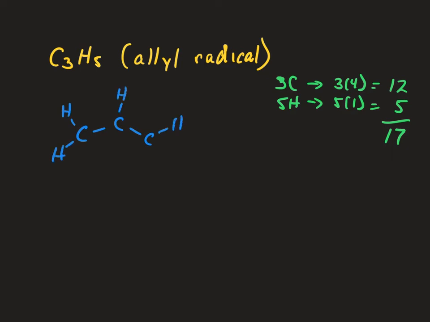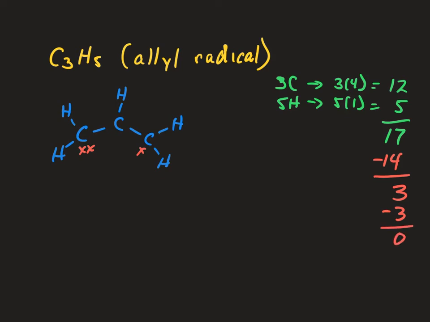It looks symmetrical, but we've accounted for here 1, 2, 3, 4, 5, 6, 7 bonds, which means we've accounted for 14 of those 17 valence electrons with bonds, leaving us with only 3 to distribute. If we put 2 on the left side and only 1 on the right, we're out.